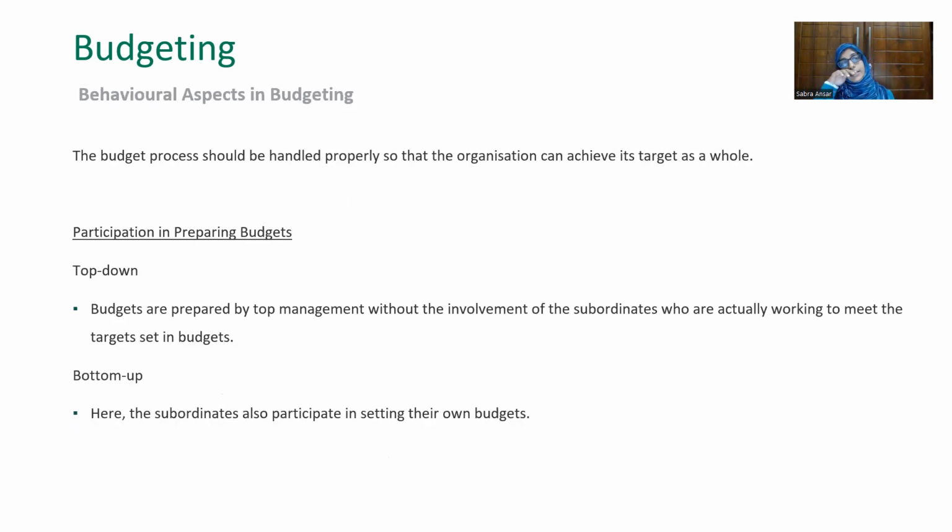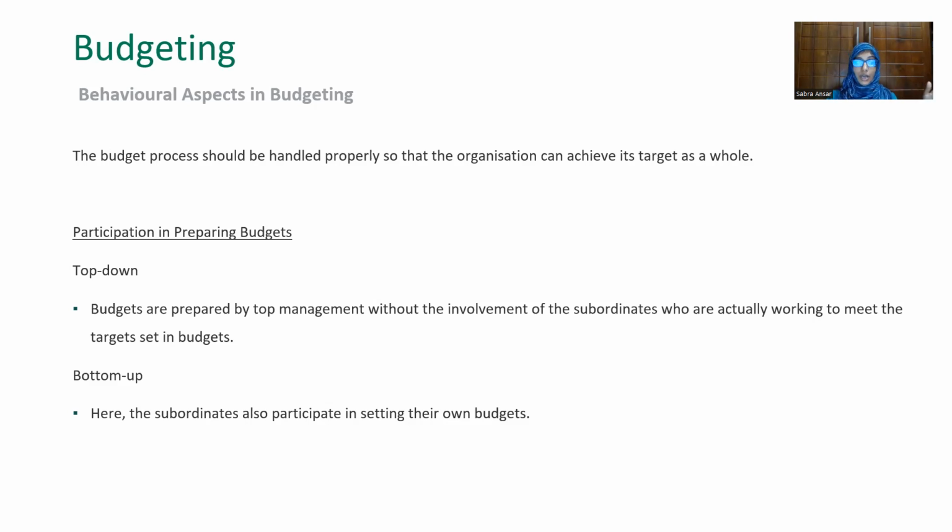And if you just look at the budget process, it has to be handled properly in order to achieve a particular target. When you're participating in preparing budget, there are two specific ways that I use.